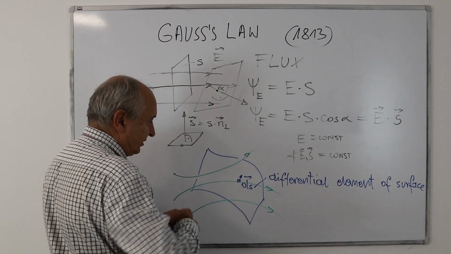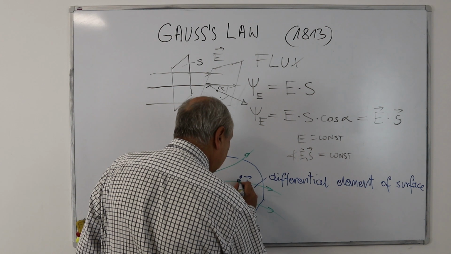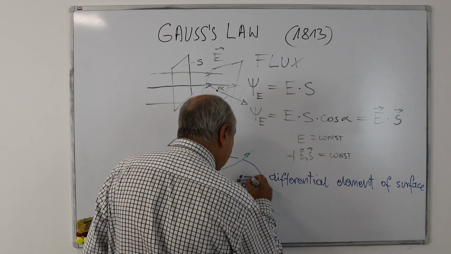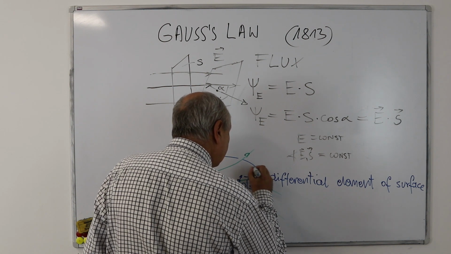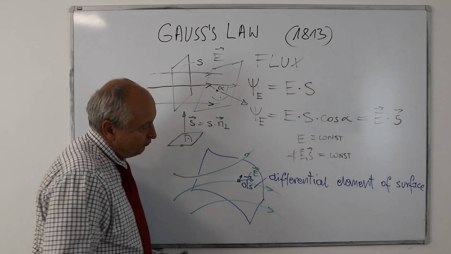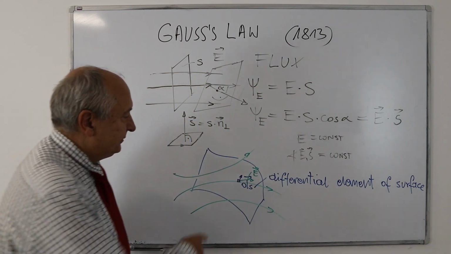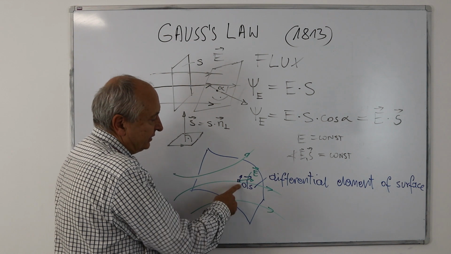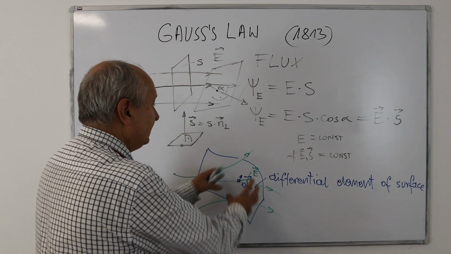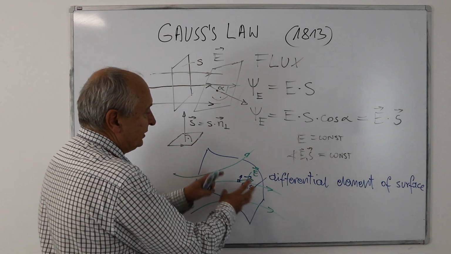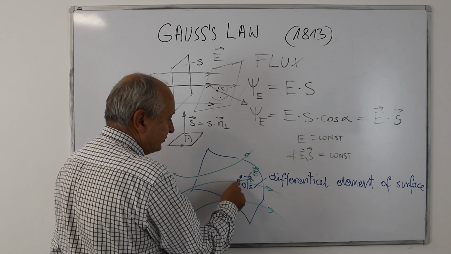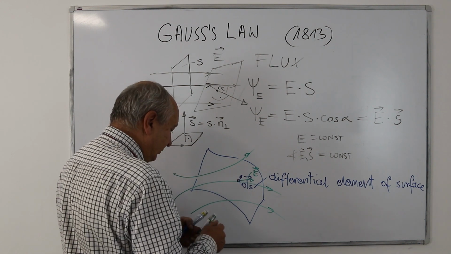We should know the value of vector E at this point where we have dS, and make the sum of all flux through this very small element.